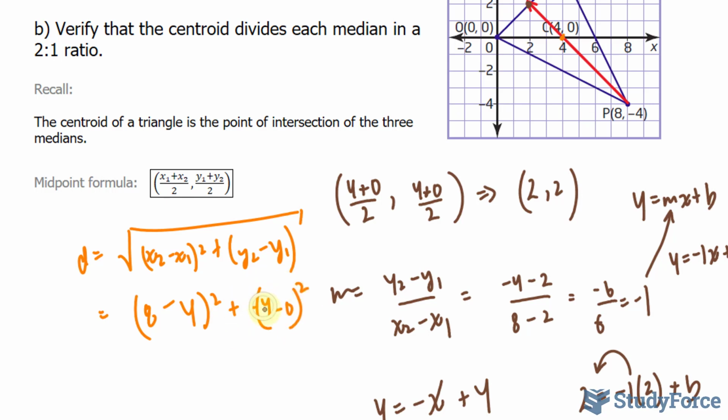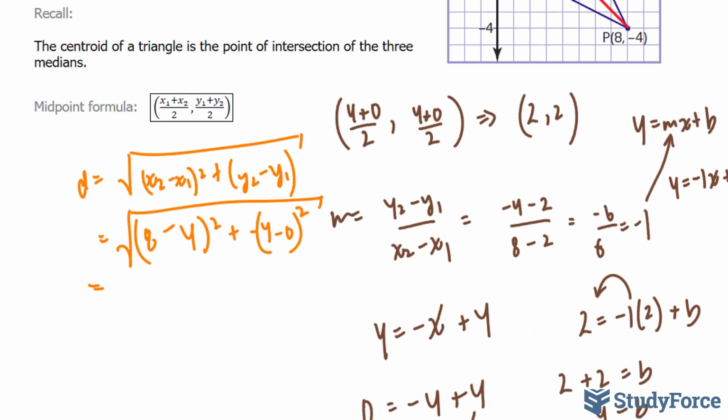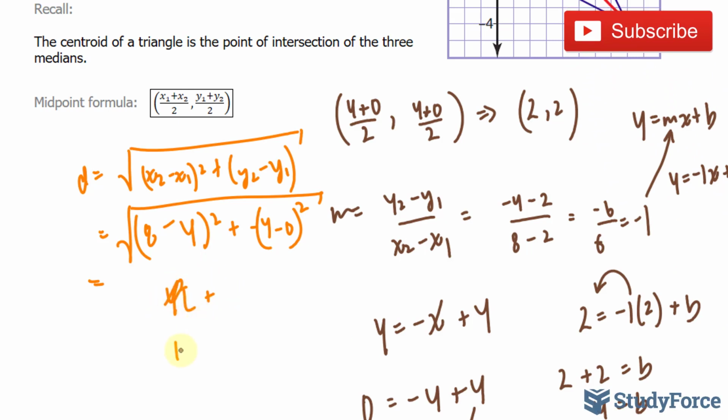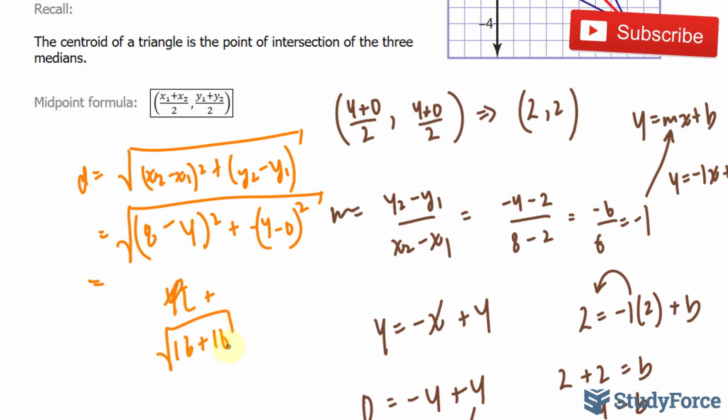And that minus should be within the brackets. I don't need a calculator for this. 8 minus 4 is 4 to the power of 2, plus minus 4 minus 0 is minus 4 to the power of 2, 16. So we have 16 plus 16, the square root of 32. We'll find out the decimal version of that number in a moment.